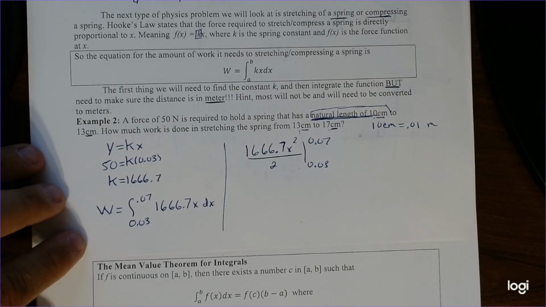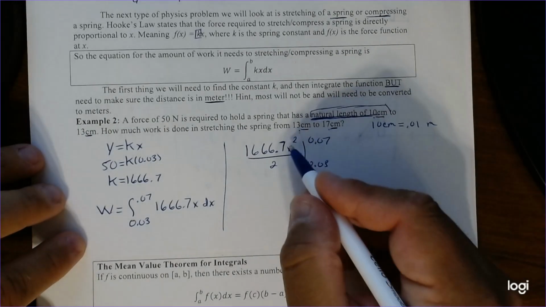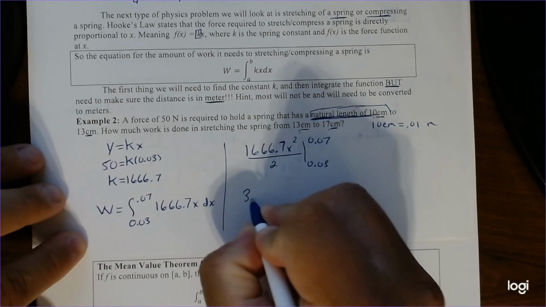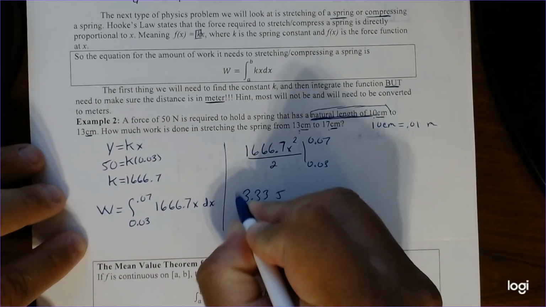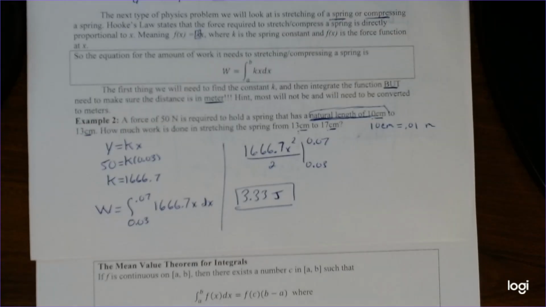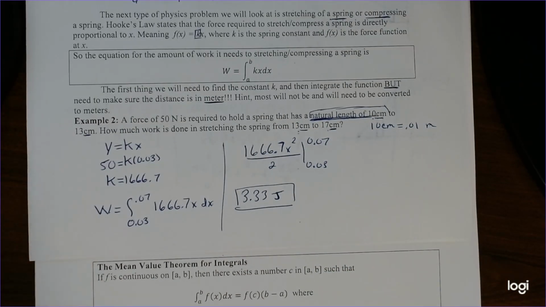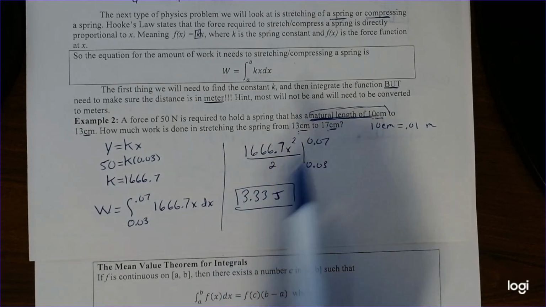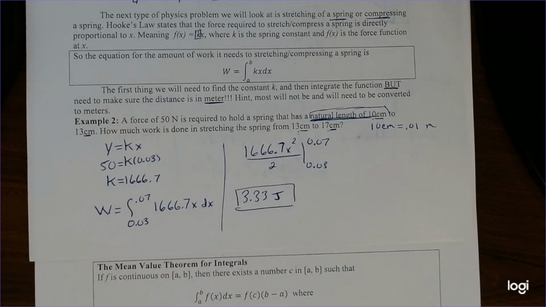Plugging it in, you get approximately this, and that's in joules. You don't have to know what joules are, but it's approximately 3.33. That's the amount of work it takes to stretch a spring from 13 to 17 centimeters. And there we go.